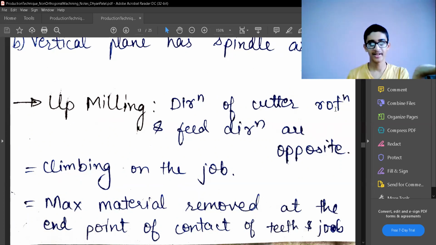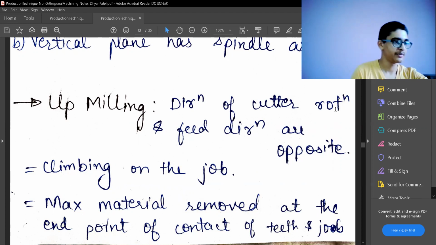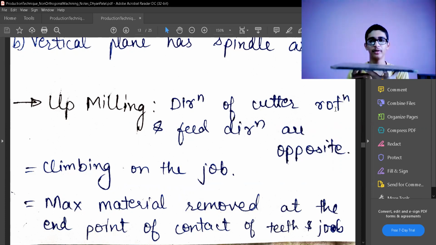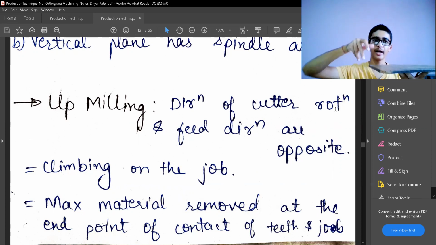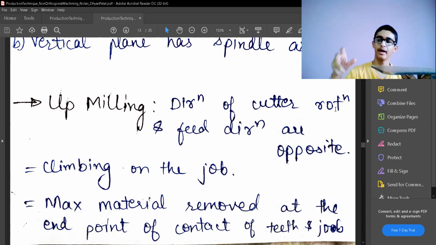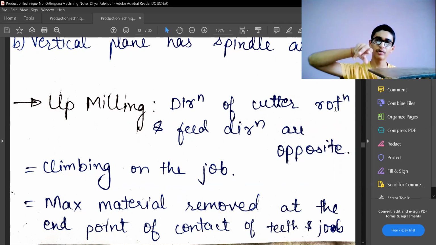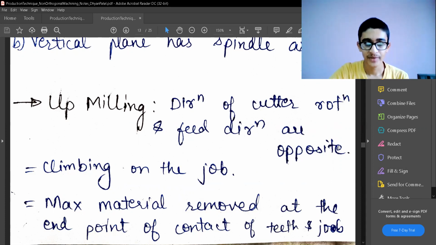There is also a movement of the table on which my workpiece will be clamped. So I have a workpiece, and if it is going to move in this direction, and my cutter is also rotating in that direction, that will be down milling, and this is up milling.